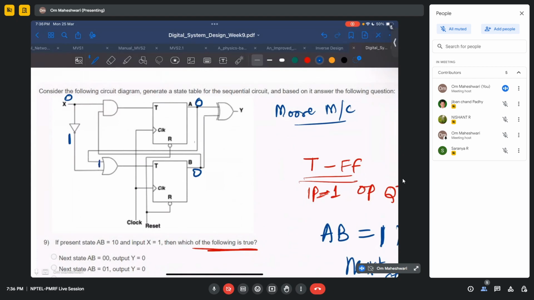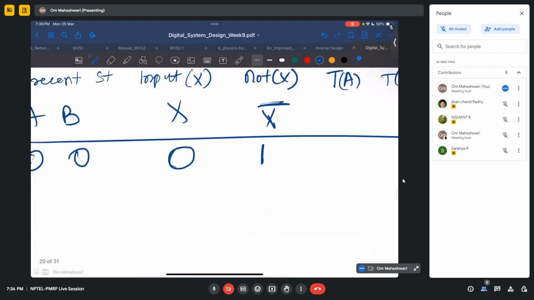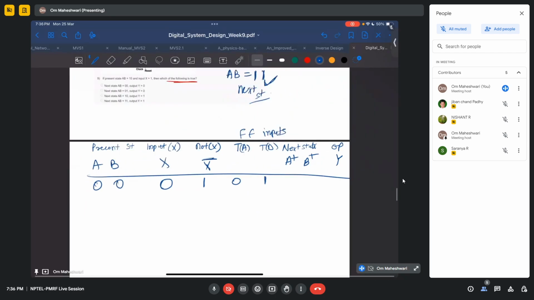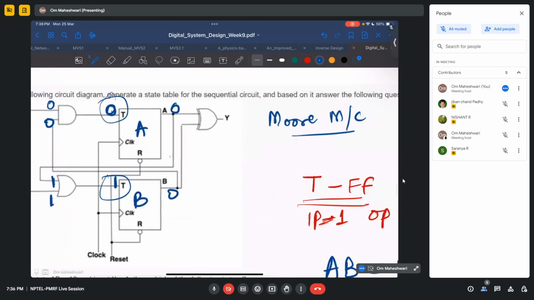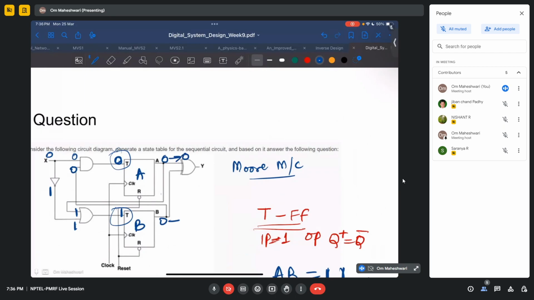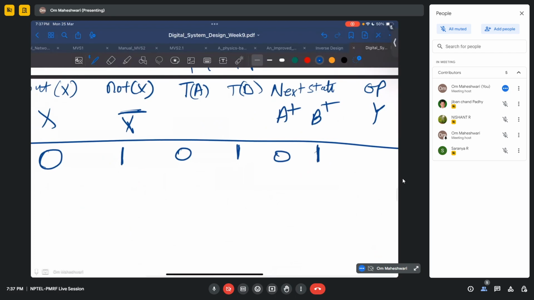So here this is 1, this is 1, and this is 0, this is 0. So this will be 0, this will be 1. So input to flip-flop A is 0, input to flip-flop B is 1. What will be next state? This will remain as 0, this will change to 1.